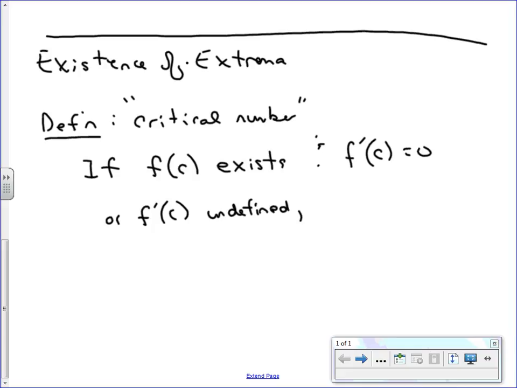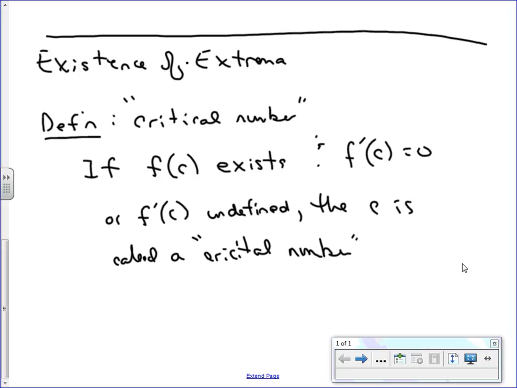If those conditions are met, then we call C a critical number. Okay, other numbers are important, but this is called a critical number. That's the definition. All right?